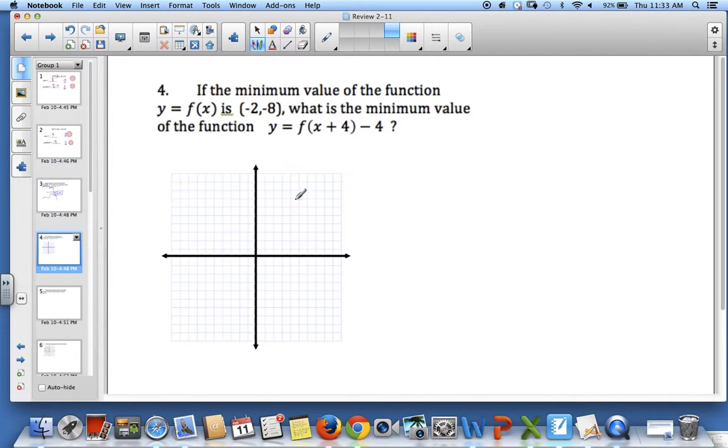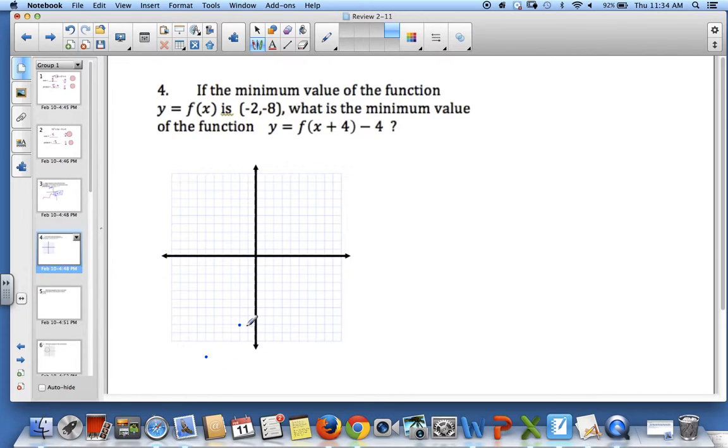Sometimes it's easier to do it on a graph itself. Negative 2, negative 8, negative 2, negative 8's right here. So we're moving it. This one tells us in the x direction, but it goes the opposite direction. So instead of going here, it's going to go here. 1, 2, 3, 4, and then down 4. 1, 2, 3, 4.